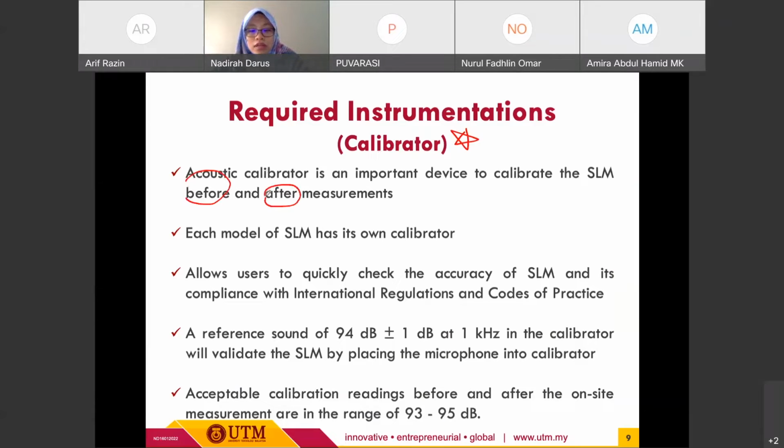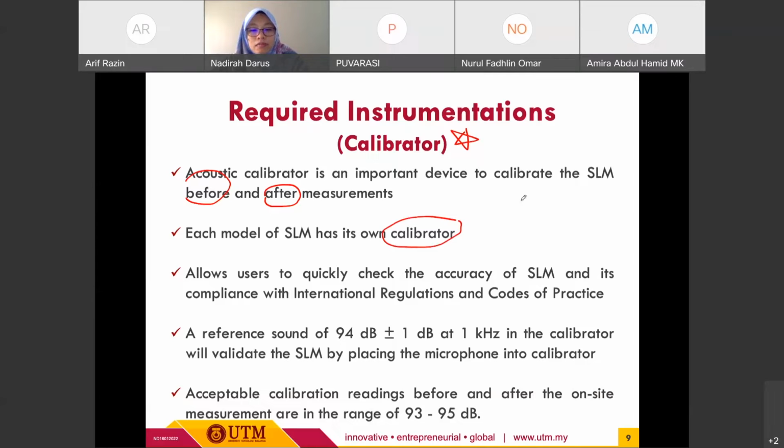Okay, so that dia akan produce a good reading, and each model supposed to have its own calibrator. Okay, we need to use the right calibrator for each instrument.